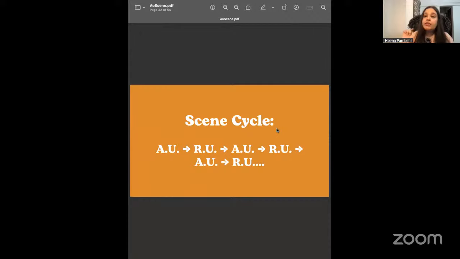A complete rhythm of action, reaction, new reaction, which gives your story emotional depth, pacing, and narrative flow is called a scene cycle. So a scene cycle is composed of action unit, reaction unit. That is going to be your one scene. Then it is going to be followed by another action unit, reaction unit. That is the second scene, then the third scene, then the fourth scene, and so on.